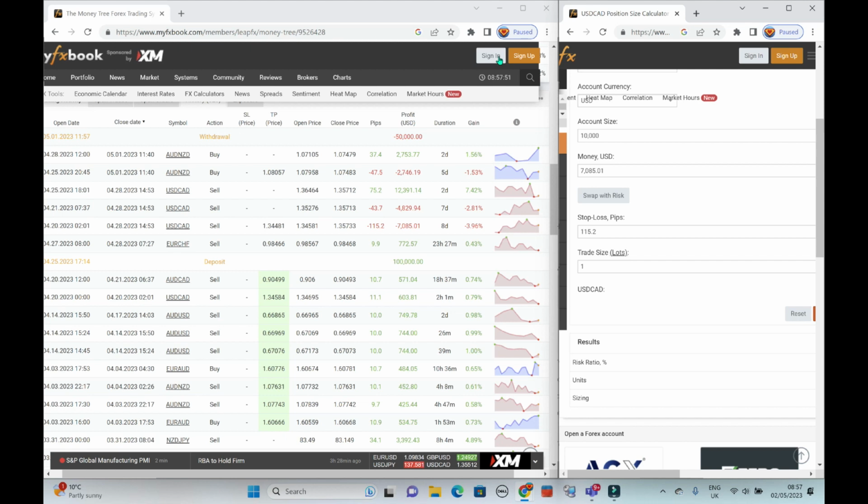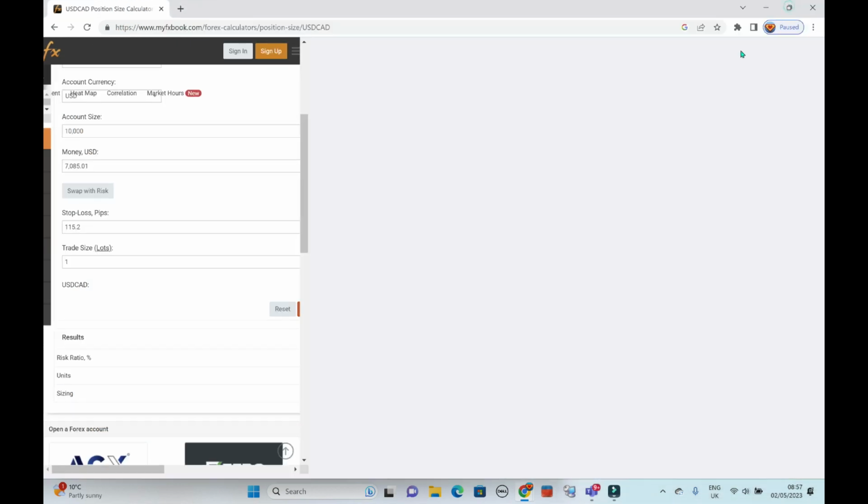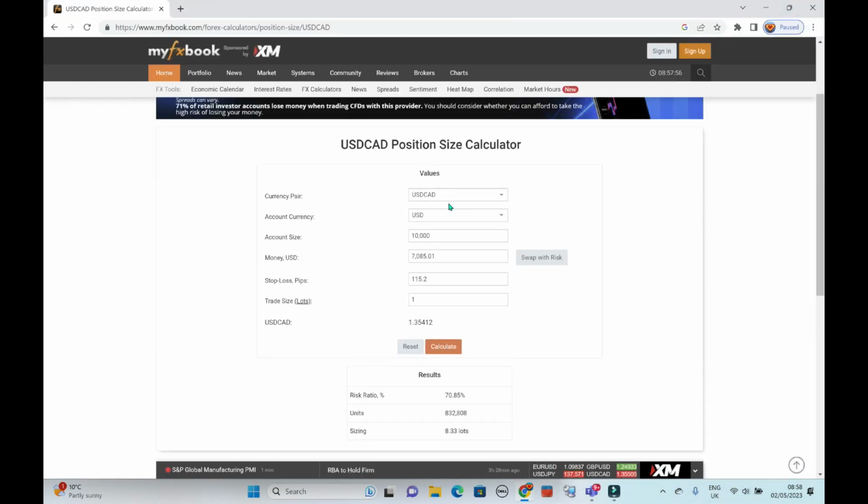So that's how big that trade was. It looks better like this, doesn't it? So there you are. You know what the stop loss is, you hit the calculator, it tells you the size of the trade.